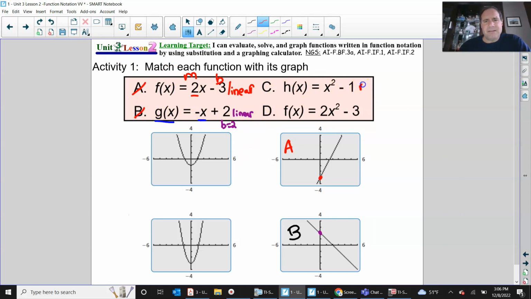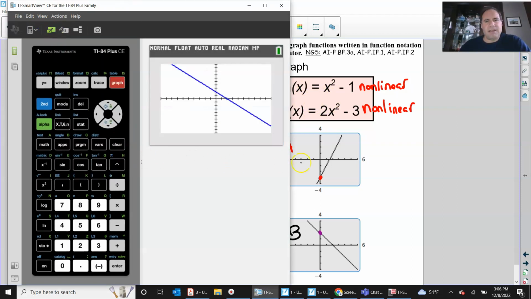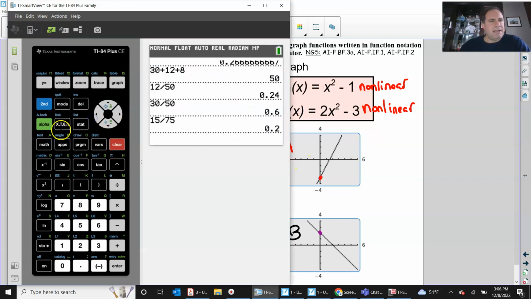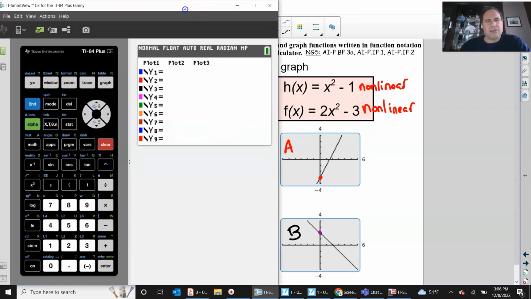Now, these are non-linear. And the way I know that these both are non-linear, it's because there's an exponent next to the variable in both of these equations. So we're talking about an exponent next to the variable. I am going to go ahead and look at this right here, and I'm going to put y equals, remember what I told you about the h of x?